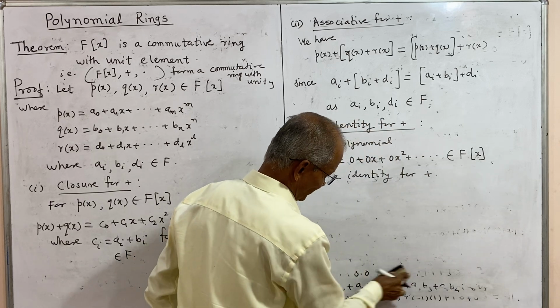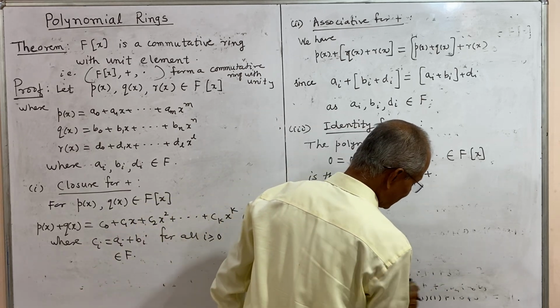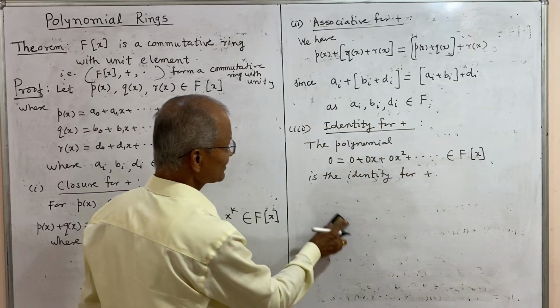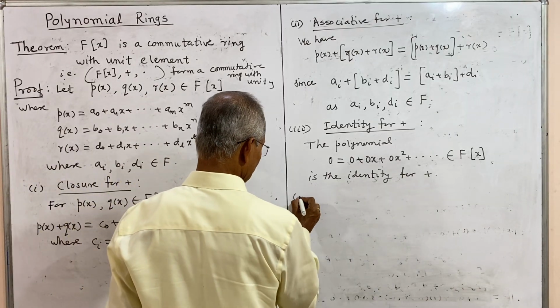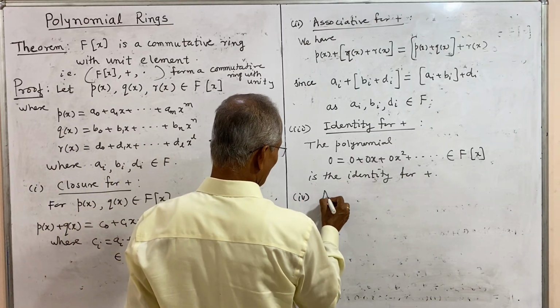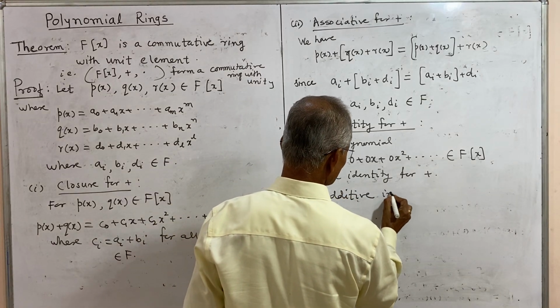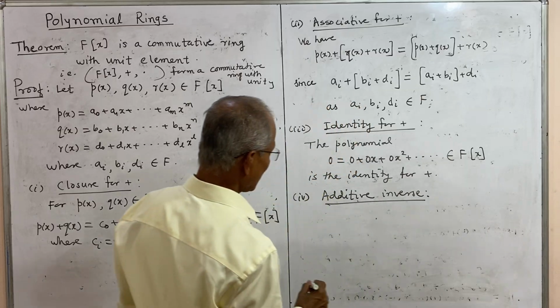Negative of the polynomial is the additive inverse, and thus if we consider this polynomial as p, then negative of p will serve as the additive inverse of p of x. Additive inverse or inverse for addition.